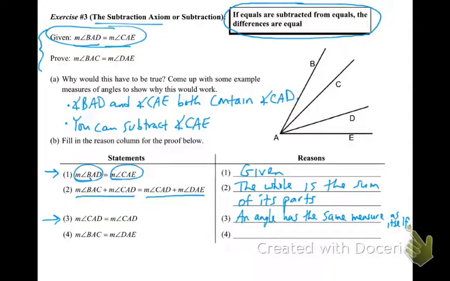It's necessary to put that there because in order to subtract off that angle from both sides, we need to say that they're equal. And notice in line 2, both sides of the equation have angle CAD. So if you subtract those from both sides, you're left with BAC and DAE. This is where the subtraction axiom comes into play. Pause the video now before moving on to the last example.